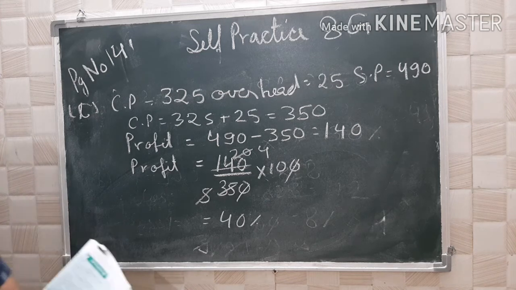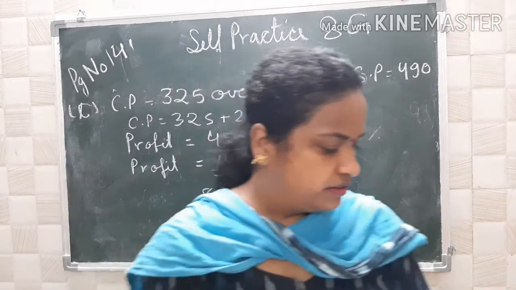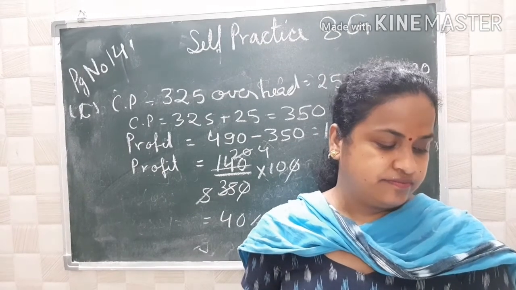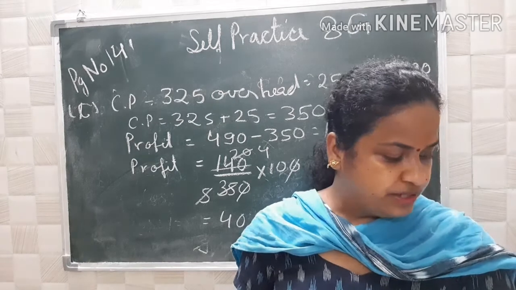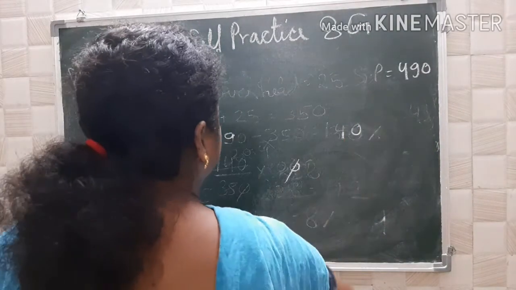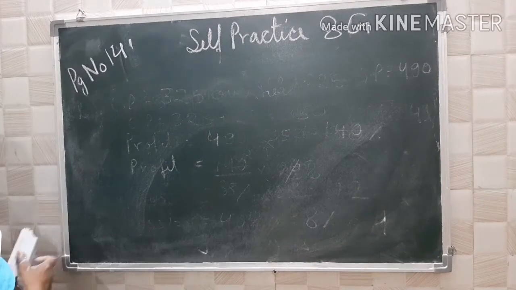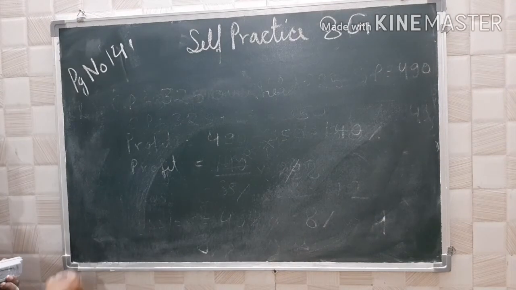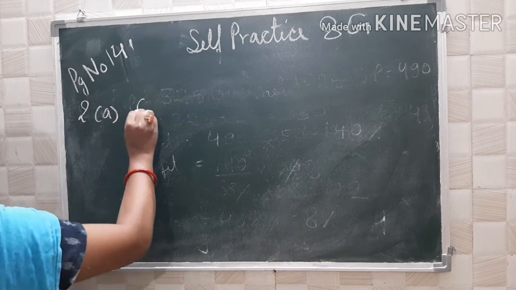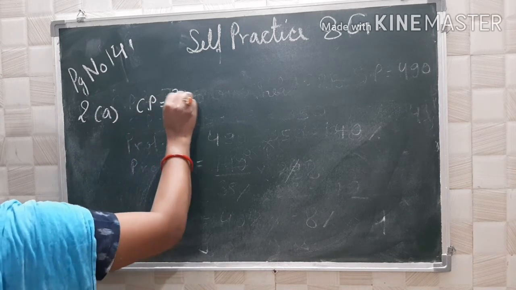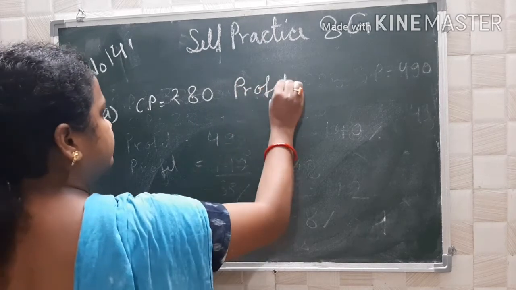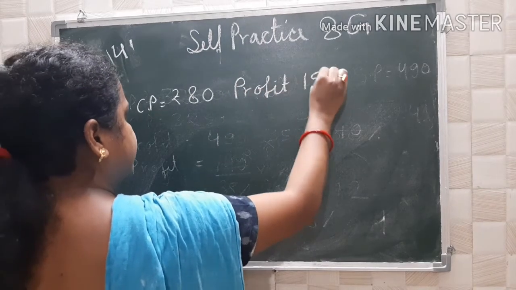Now come to question number 2. Find the SP of an article. Second, A part. CP is equal to rupees 80, profit 15%.